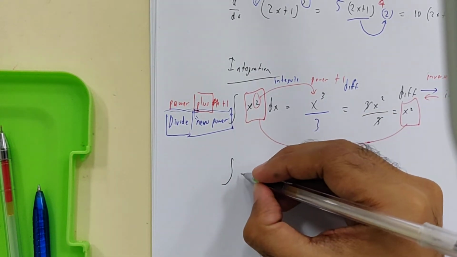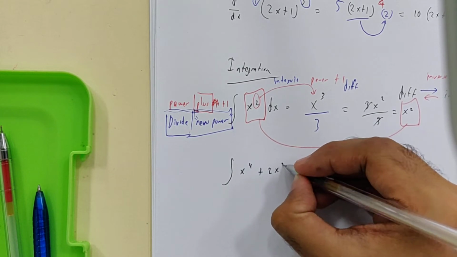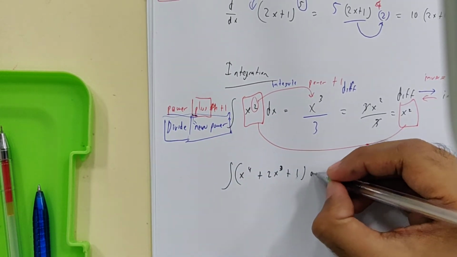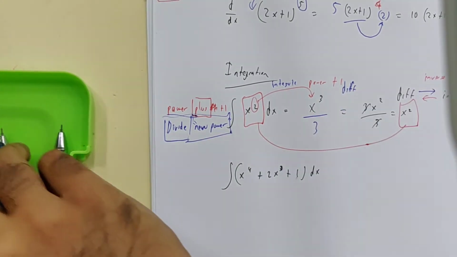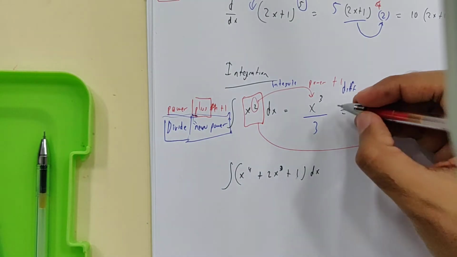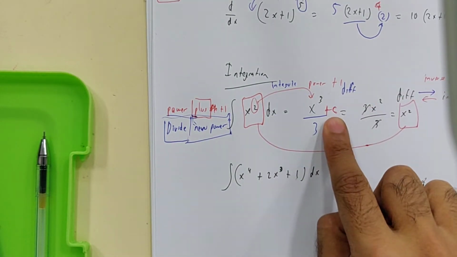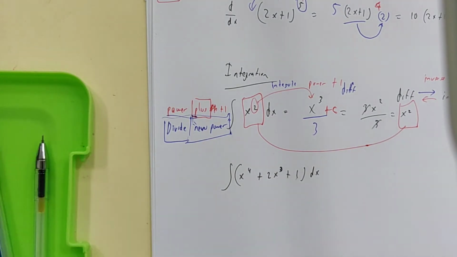So what about if we integrate x4 plus 2x cubed plus 1 dx? Okay, I missed one thing just now. I missed plus c. Please do not miss this plus c. And then some people might argue, sir, ni tak ada c pun. We come back to that one later.